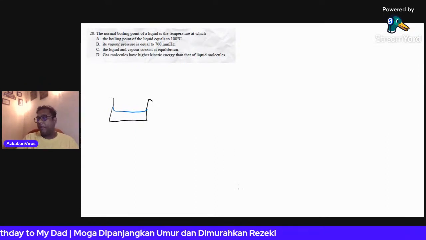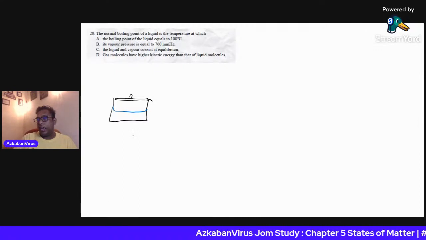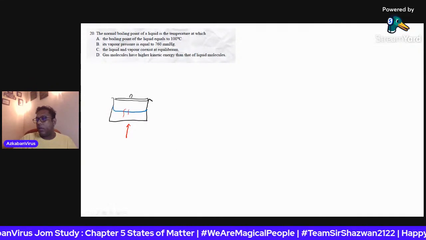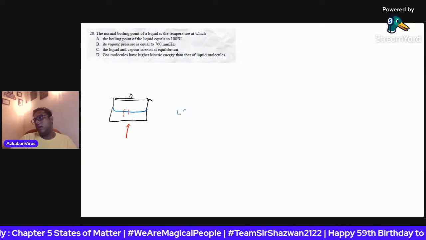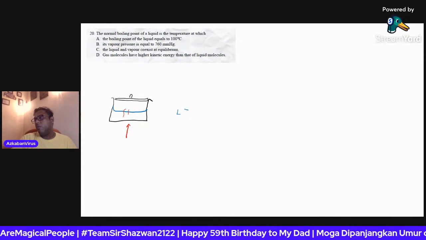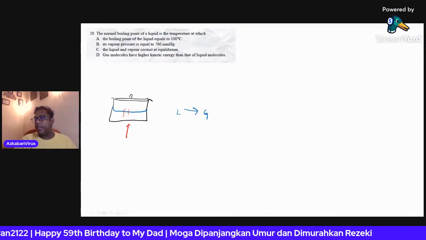Okay, so boiling, kita balik pada boiling. Boiling in a closed container, apa yang berlaku adalah kita provide heat. So heat tu akan panaskan liquid kita. Liquid kita akan panas. So maksud kita punya liquid akan berubah jadi gas.